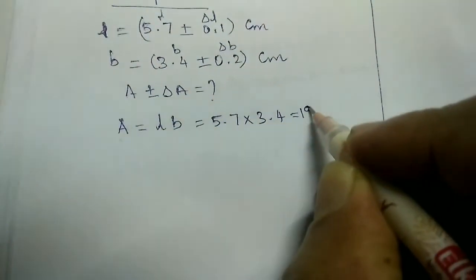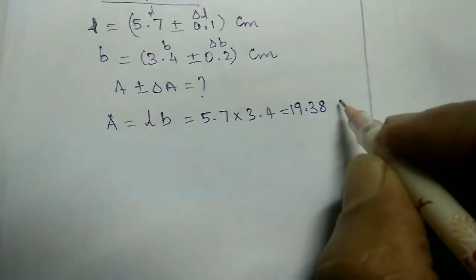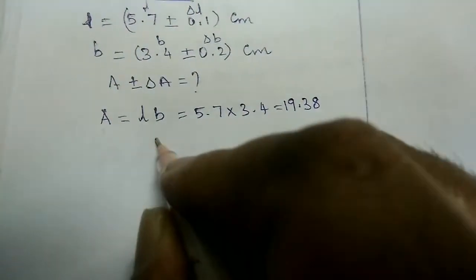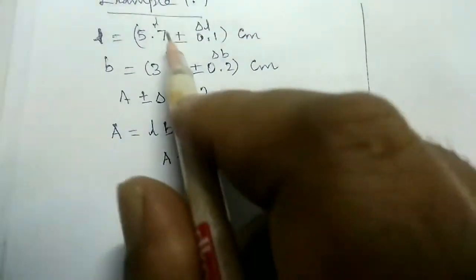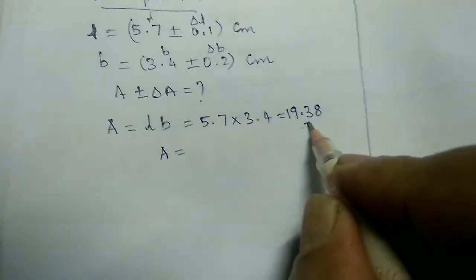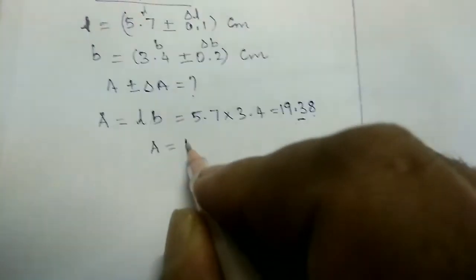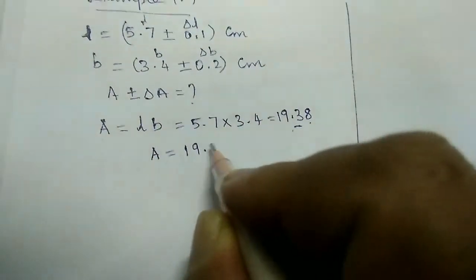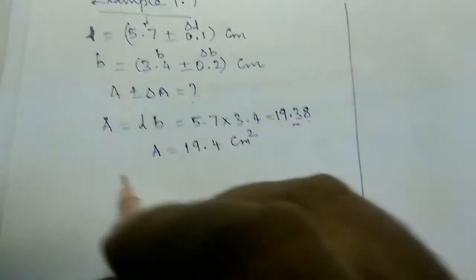So what did you get? 19.38 centimeter square. Here after the decimal we should keep only one digit. So when rounding off, this digit is above 5, so add 1 to the previous digit. Then rounding off gives 19.4 centimeter square.